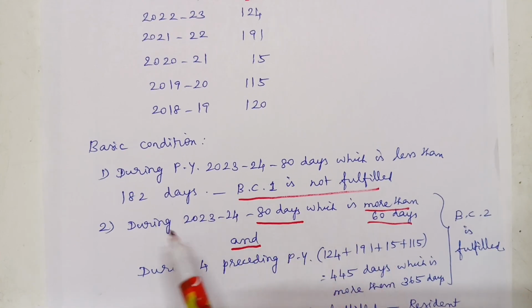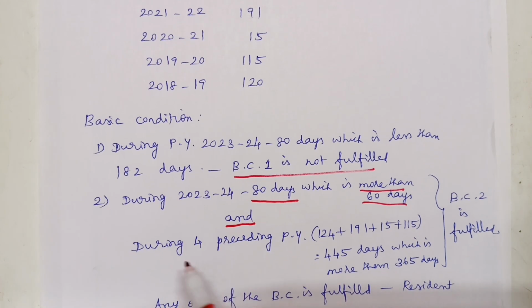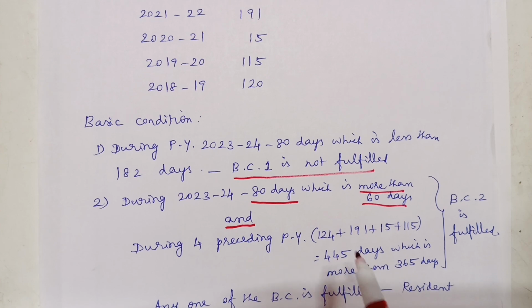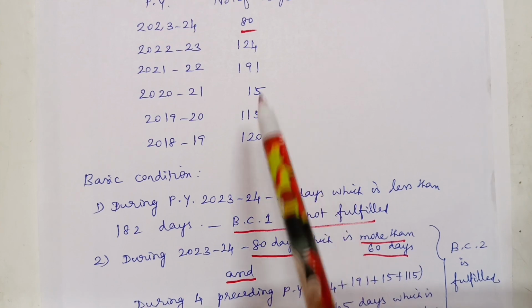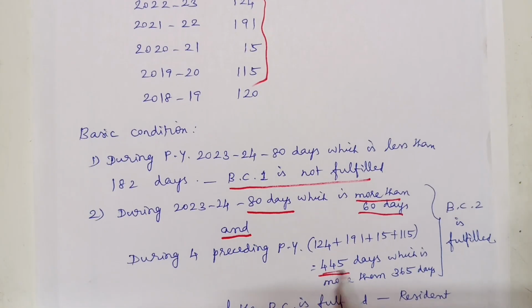So the first part of the second condition is fulfilled. In the same condition, during the 4 years immediately preceding the previous year, the assessee should have stayed in India for at least 365 days. The total of these 4 years is 445 days, which is more than 365 days. So basic condition 2 is fulfilled.